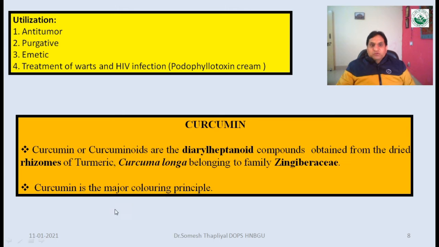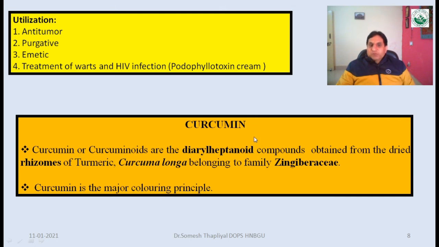And the next phytoconstituent of today's class is curcumin, also known as curcuminoids, which is a diaryl heptanoid compound.